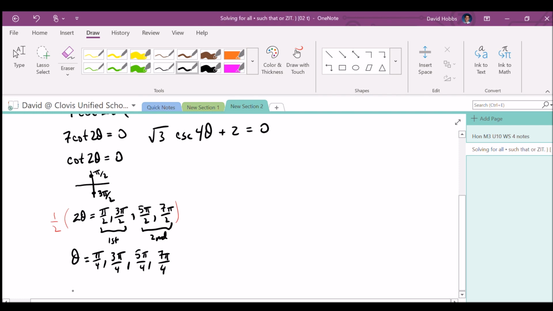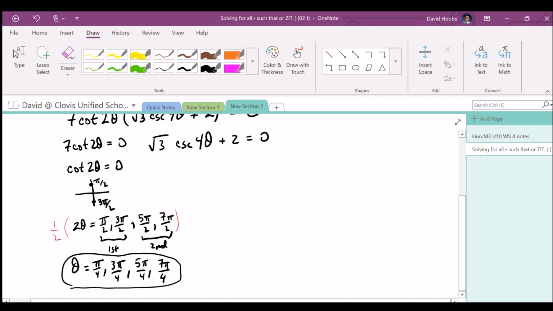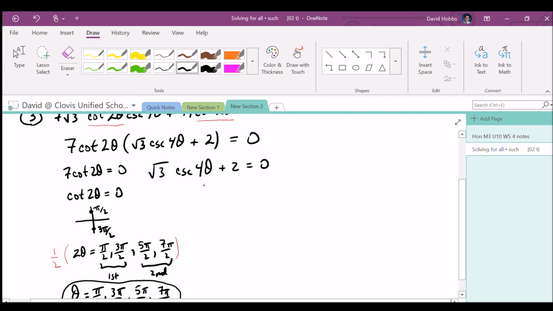And if we think about the boundaries of what we're solving for, between 0 and 2 pi, all of those fall into those boundaries. Now, we're not done. We still have the other part of the equation. So if we set that one equal to 0, I can subtract 2 and divide by root 3. I get cosecant 4 theta equals negative 2 divided by root 3. Okay, now, for many of you, probably cosecant, not a problem.